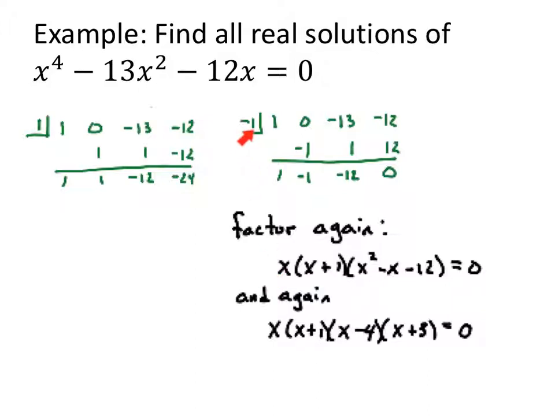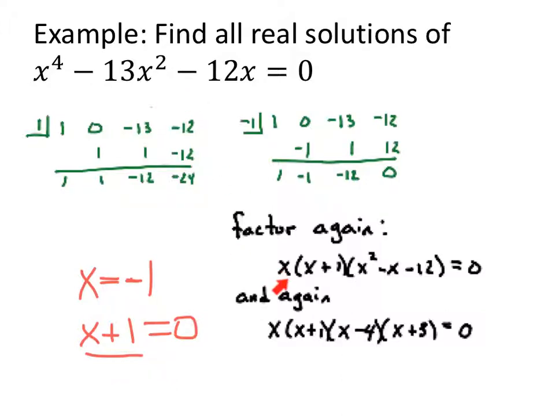I found out x equals negative 1 is a 0, and if x equals negative 1 is a 0, let's do this in red. If x equals negative 1 is a 0, then when I add 1 to both sides, I get my factor. So x plus 1 is the factor that goes with the 0 of x equals negative 1.